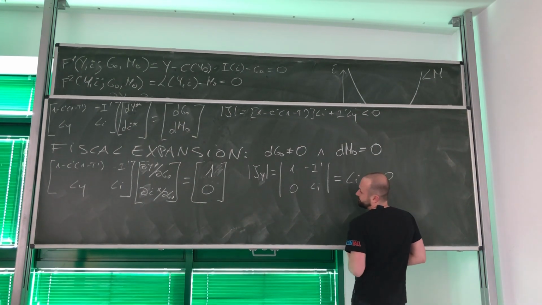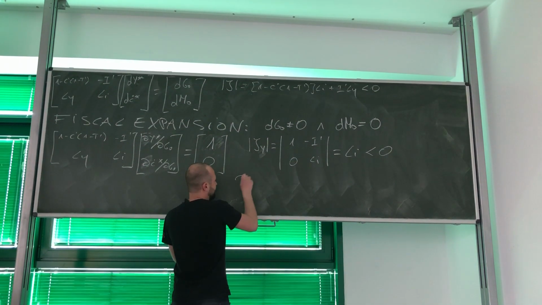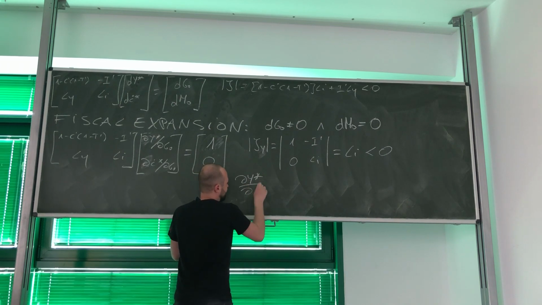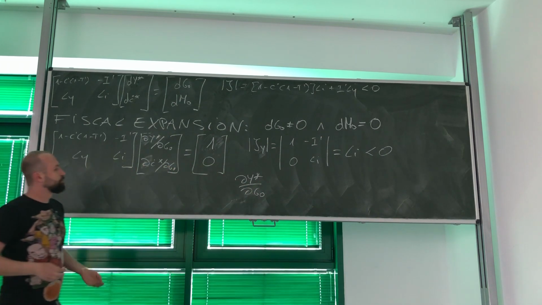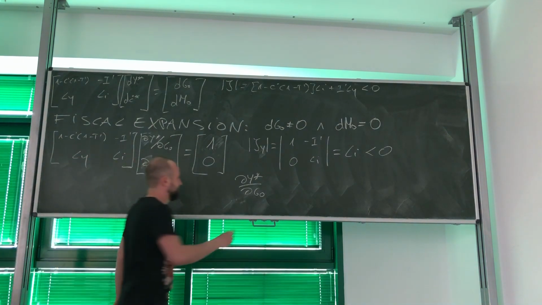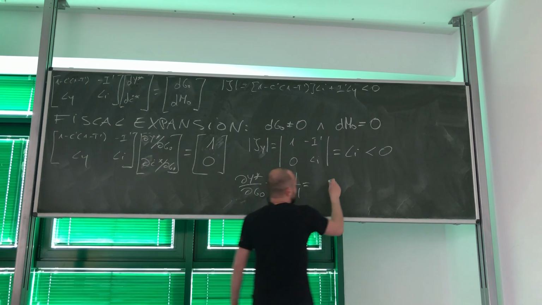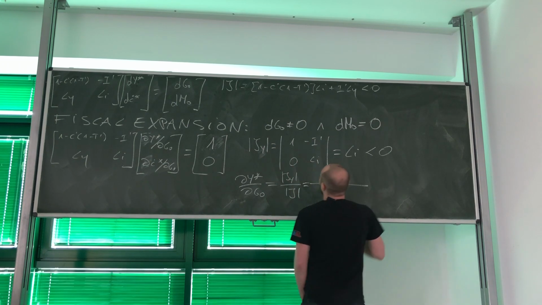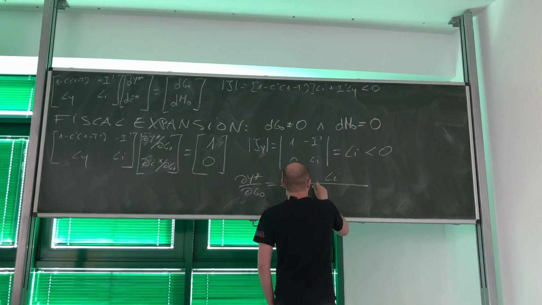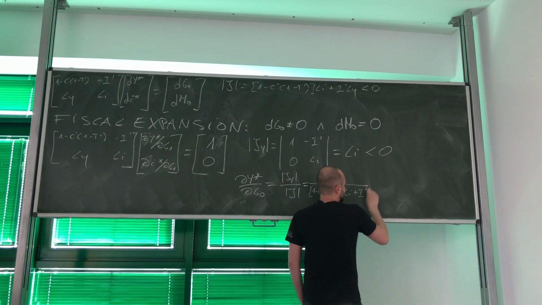Now, what is the value of our first derivative? We got that the comparative static derivative of income with respect to government spending is equal to Jy over the Jacobian, and it's equal to Li over 1 minus c prime, 1 minus t prime, Li plus I prime Ly.